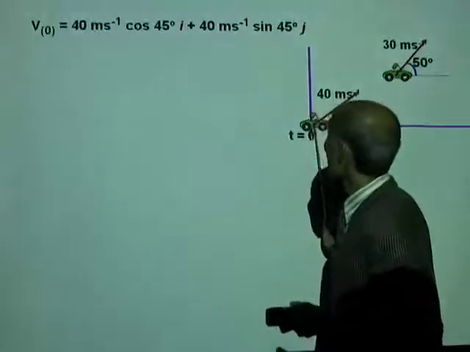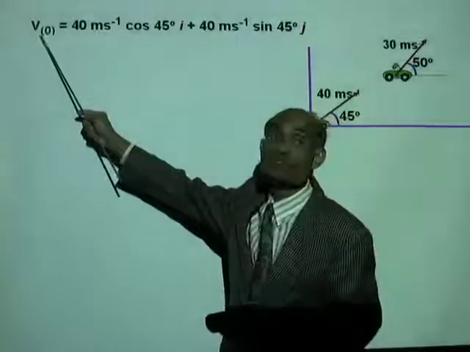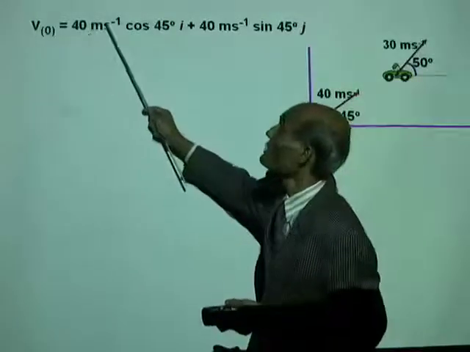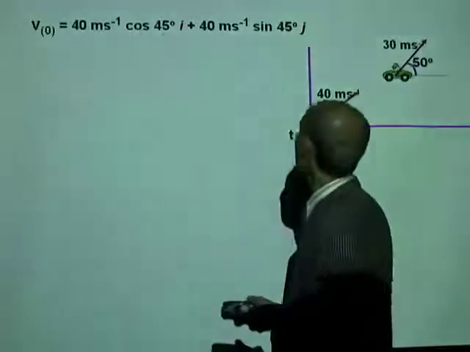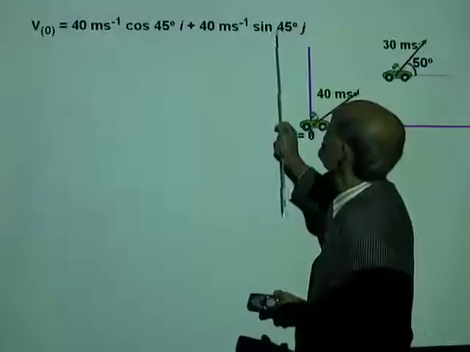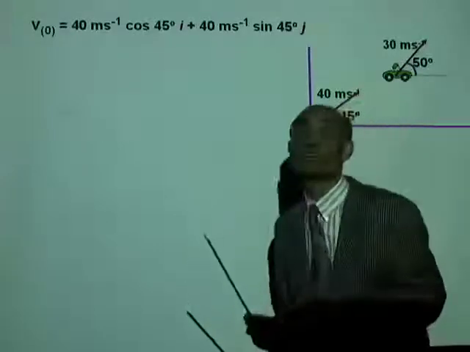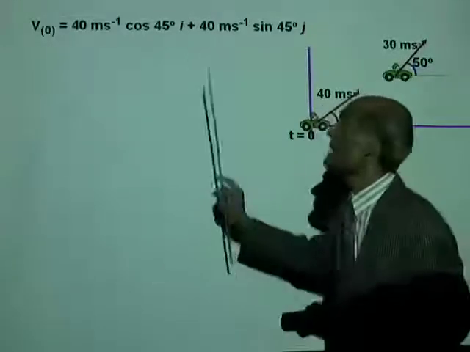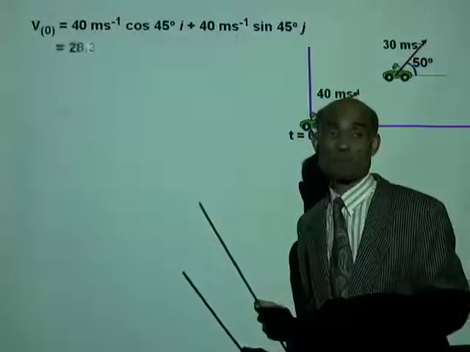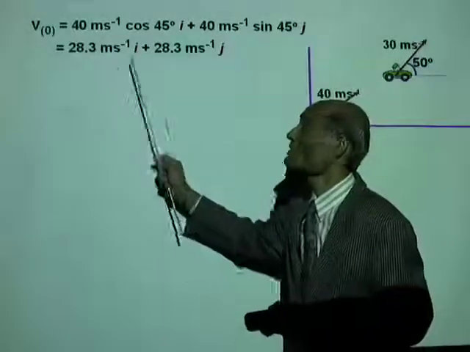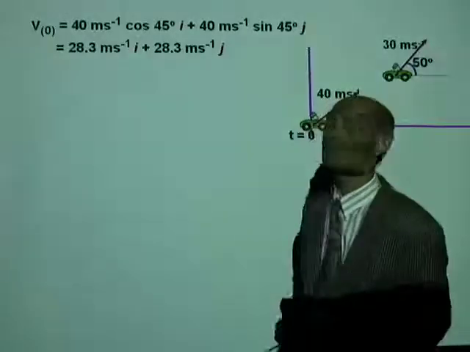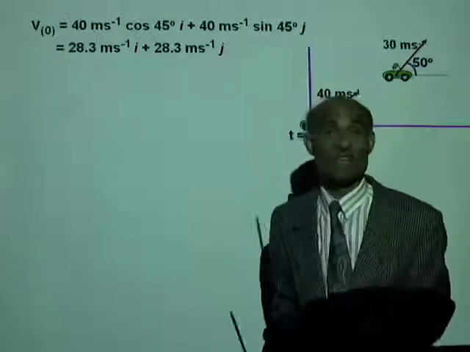So the initial velocity at t equal to 0, we call it v sub 0 or v0, is 40 meter per second cos 45 degrees i plus 40 meter per second sine 45 degrees j. Now use your calculator to work out those numbers. That will be 28.3 meter per second i plus 28.3 meter per second j.